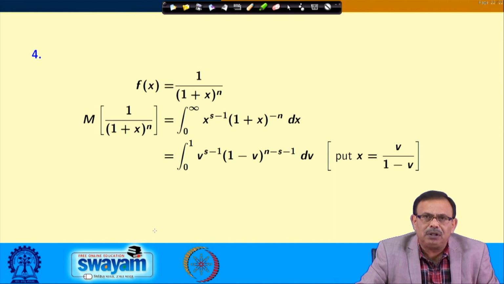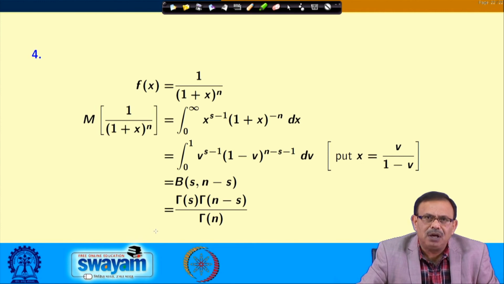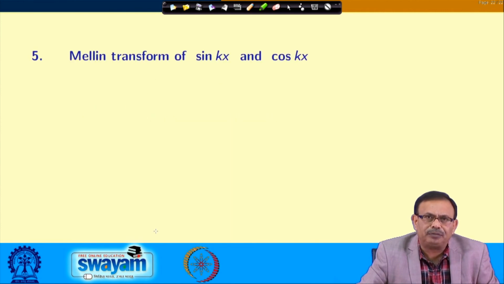So, this will be changed to 0 to 1 v to the power s minus 1, 1 minus v to the power n minus s minus 1 dv. So, this is nothing but beta s comma n minus s, where m is s and n is n minus s, and in terms of the gamma function I can write it as gamma s gamma n minus s by gamma n.